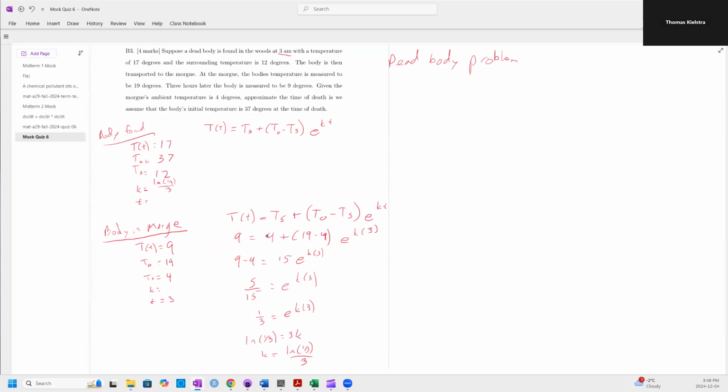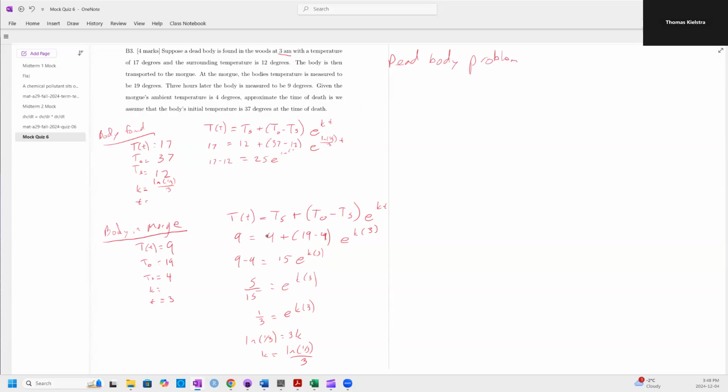Now we solve for our time. So here we're given that T of t is 17, which equals 12 plus 37 minus 12 times e to the ln of 1/3 divided by 3, times t. So 17 minus 12 is 5, and 37 minus 12 is 25.